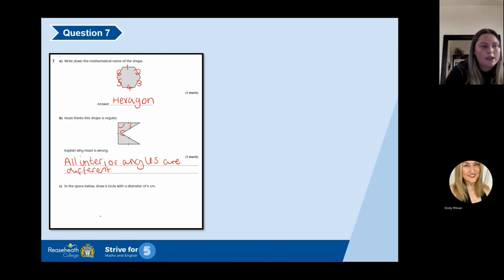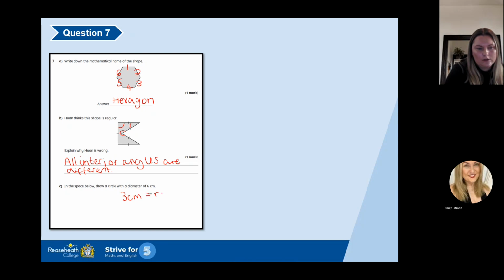Okay, next question. In the space below, draw a circle with a diameter of 6 centimetres. Now, I can't show you how to do this on the PowerPoint, but I can tell you how to do it. So you're going to set your compass to 3 centimetres. The reason for this is that the diameter is double the length of the radius.